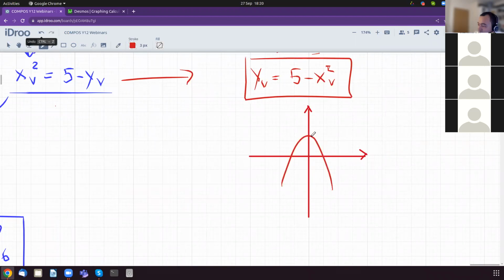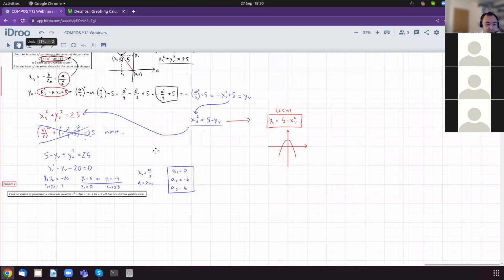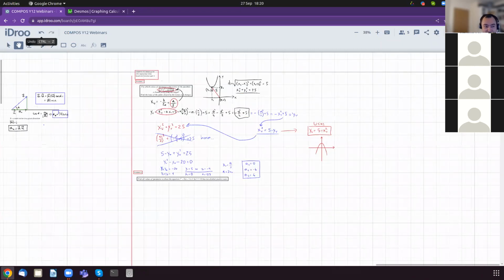Right. So I advise you to use graphical methods whenever possible. Especially if for A levels you're using your fancy calculators like this Casio one.